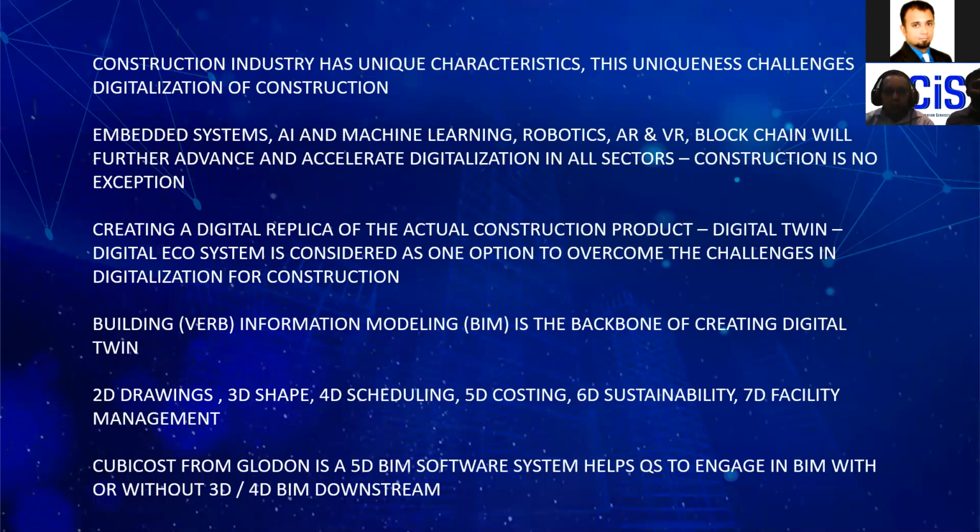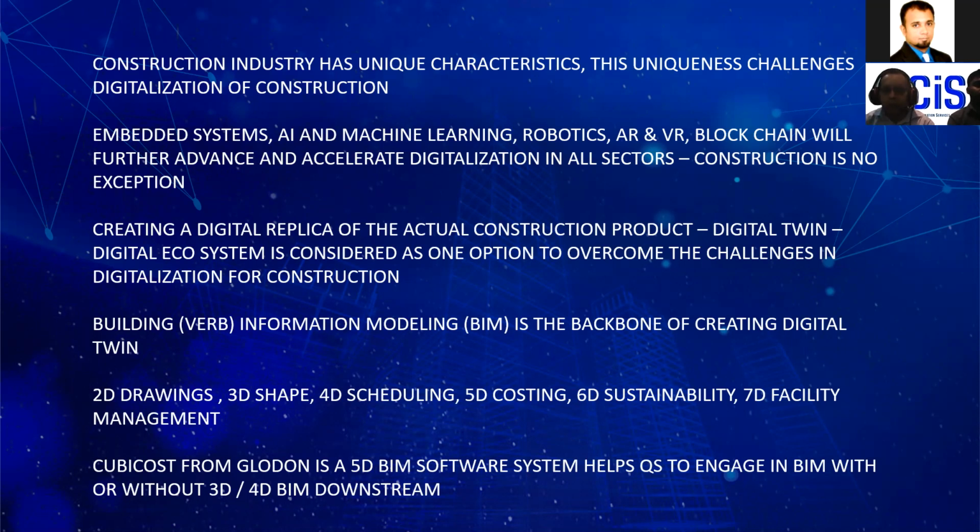For that, building information modeling, where building means not only the buildings but the construction, building being a verb. Building information modeling, BIM, is the backbone of creating a digital twin. When you consider BIM, we have 2D drawings, 3D for shapes, 4D for scheduling, 5D for costing and quantities, 6D for sustainability, and 7D for facilities management.